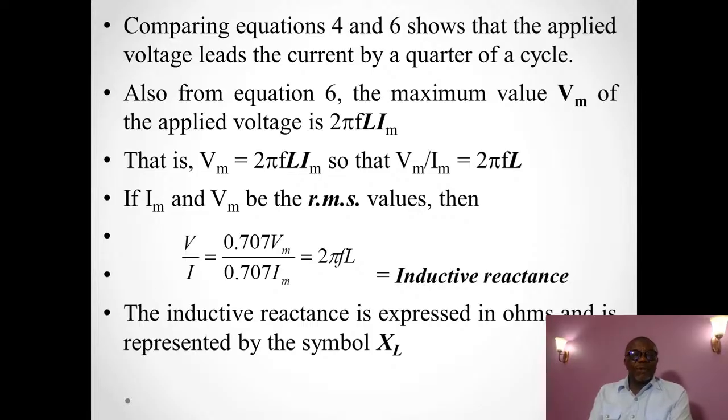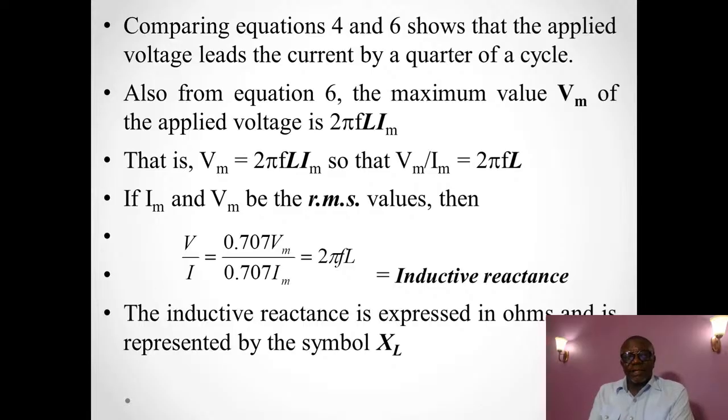So if Im and Vm are the RMS values, then V over I will be equal to 0.707 Vm over 0.707 Im, which is equal to 2 pi fL.